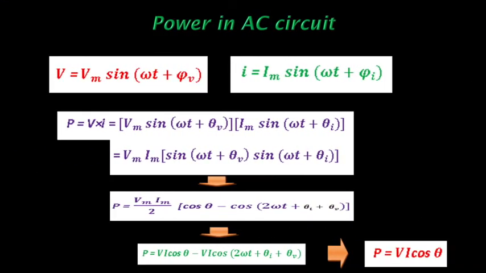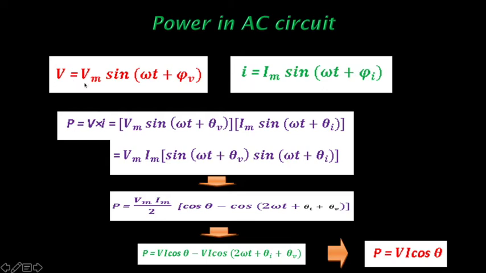Power in AC circuit. In an AC circuit, the instantaneous values of voltage, current, and therefore power are constantly changing, being influenced by the supply. Circuit average power consumption will be the average of the instantaneous power over one full cycle. Let us assume that the waveforms of the voltage and current are both sinusoidal.